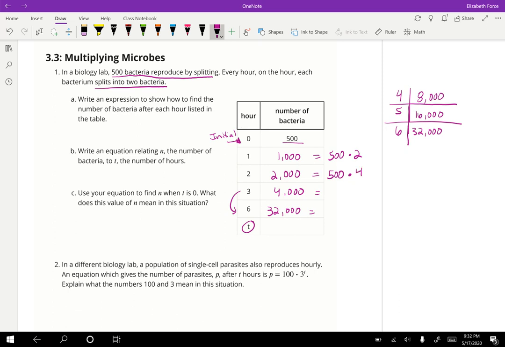How can I get the 4,000 using 500? You might see a pattern here. 500 times 8 is going to give me that 4,000. And what did I multiply 500 by to get me that 32,000? Well, I can always divide that to figure that out. 32,000 divided by 500 is going to give me 64.